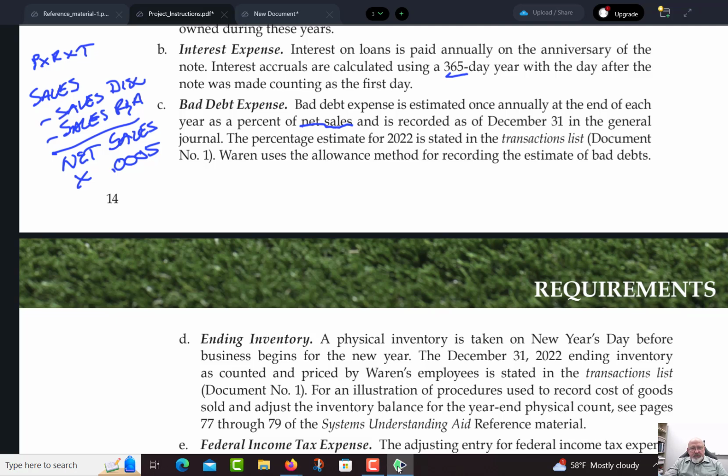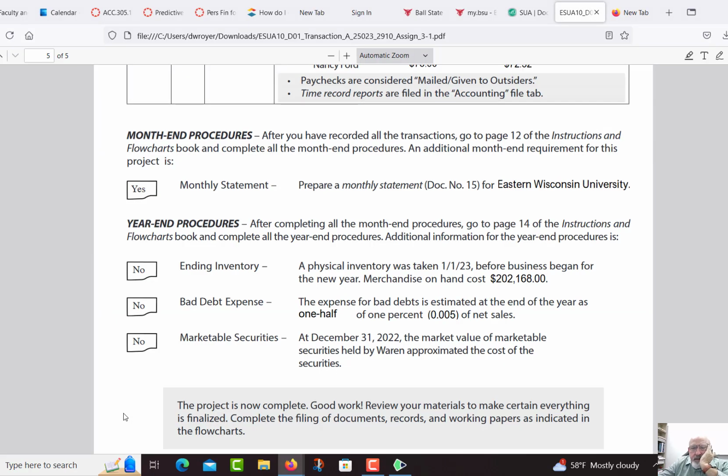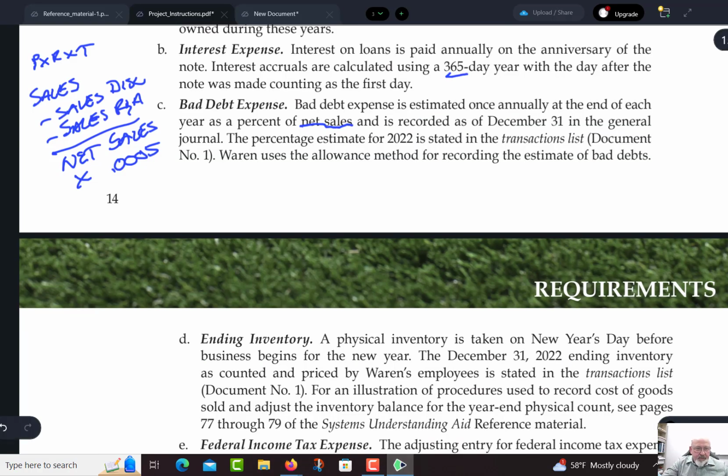I may be putting one too many zeros in there. Yeah, I put one too many zeros in there. It shouldn't be 3 zeros. It should only be 2. So 0.005. Whatever that number is, then the adjusting journal entry will be a debit to bad debt expense and a credit to the allowance for doubtful accounts.